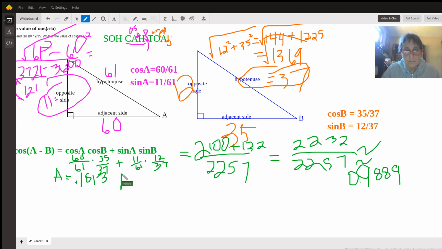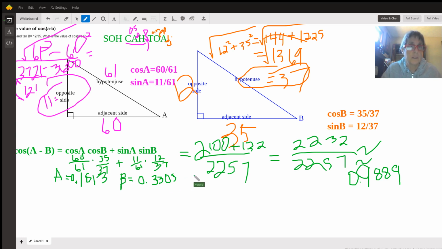And then B is the tangent inverse of 12 over 35. And that in radians is 0.3303. Remember, these are approximations.